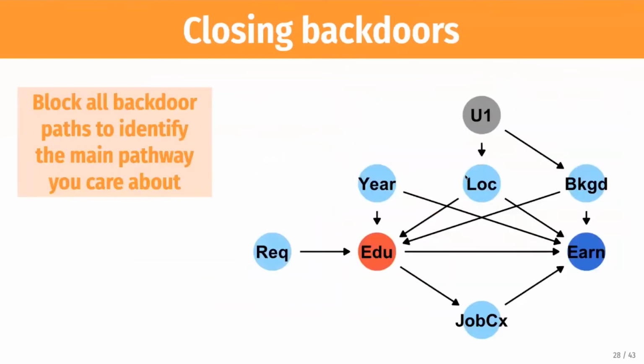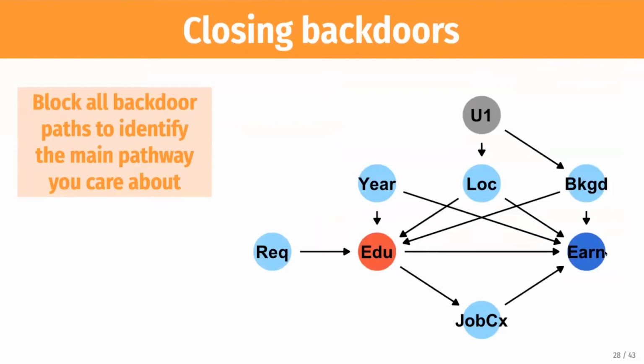Okay, here's a more complicated example. Your goal in situations like this is to isolate the relationship between education and earnings. So you want to figure out what things you need to control for to make sure that relationship is isolated. You don't have to control for everything, and you don't want to control for everything.